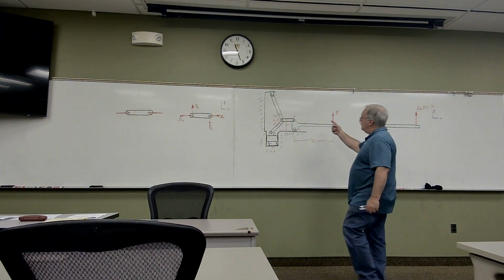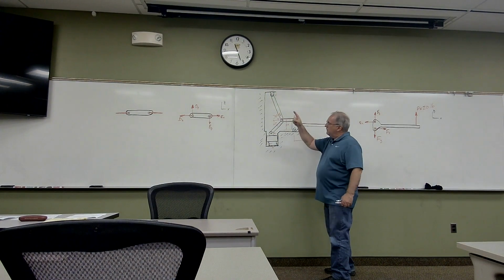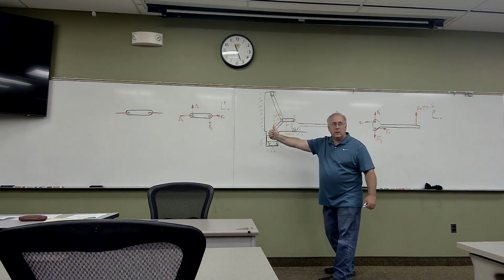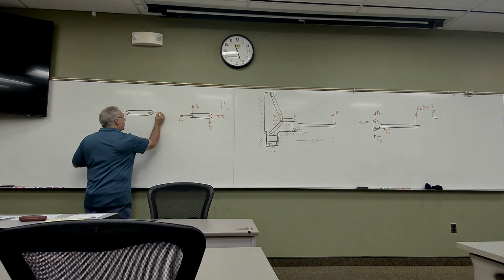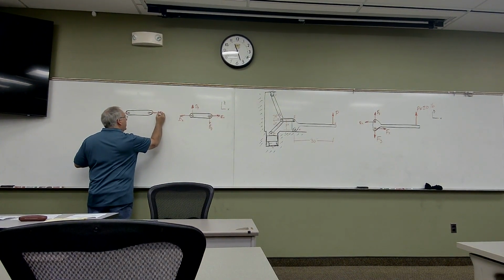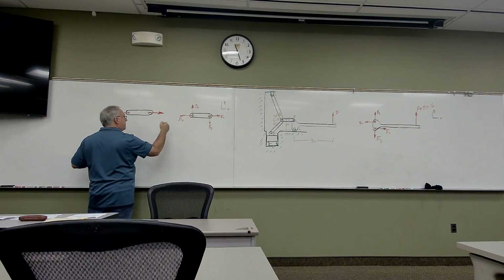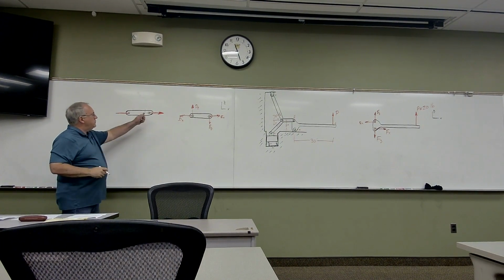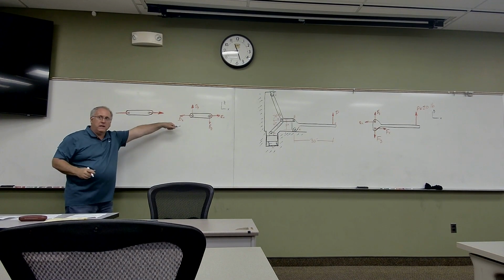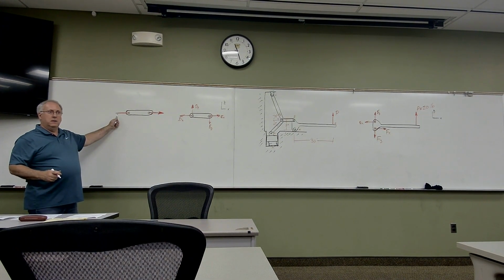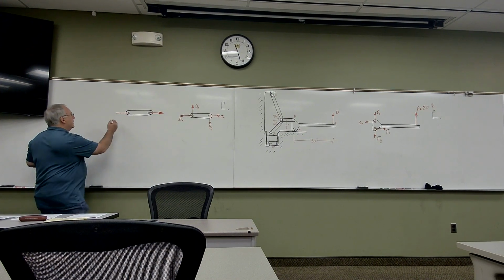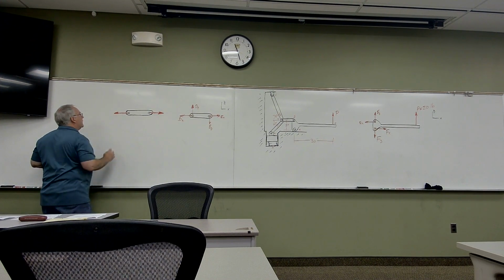If this force is pushing this way, then the force pushing back on it has got to be going the opposite way. So it would make sense for this force here then to be going in that direction. It's opposing the force that's pushing on it. And if I drew that arrowhead that way to the right, again, equal and opposite, what direction must this one be? To the left. So all right, so there's that.